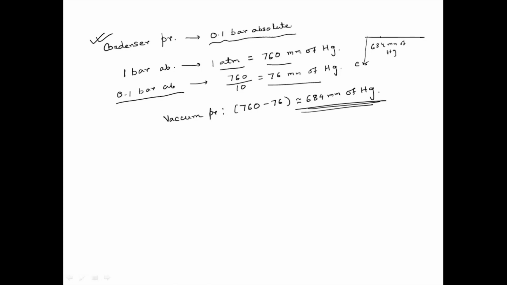About this reference, from here to here is 760 mm of Hg, and here to here is 76 mm of Hg. So how much vacuum? 760 minus 76, so 684 mm of Hg. That's all.